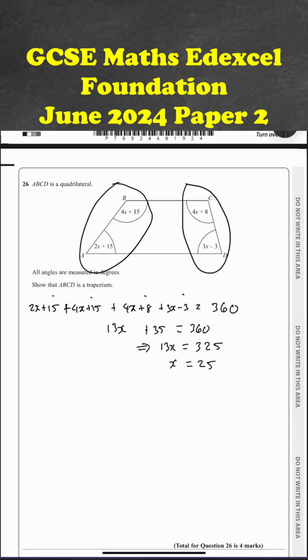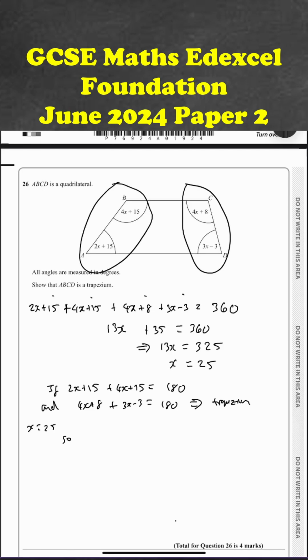Then we'll say if 2x plus 15 plus 4x plus 15 equals 180, and 4x plus 8 plus 3x minus 3 equals 180, then it's a trapezium. x equals 25.